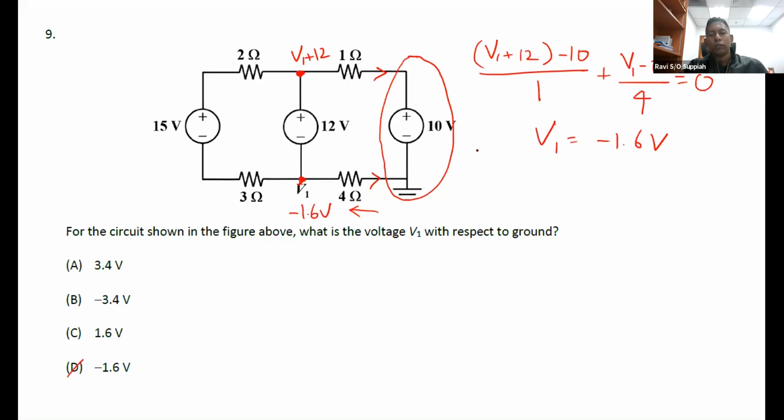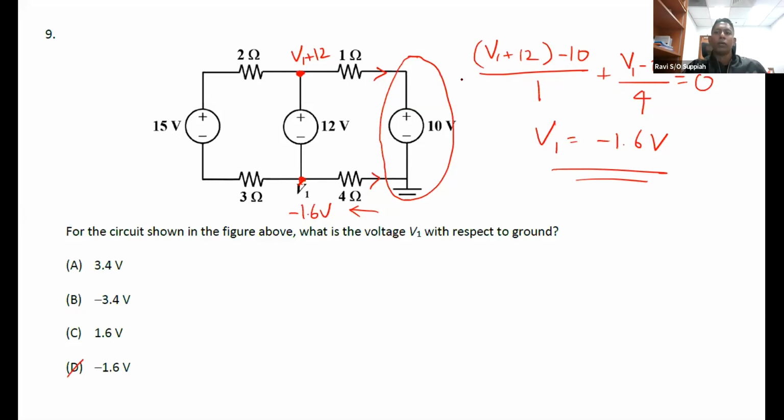So if you think about it, now that I calculate V1 is negative 1.6, the negative is all about how you define your directions. Like I said, we initially assign a direction this way to help us come up with the equations.